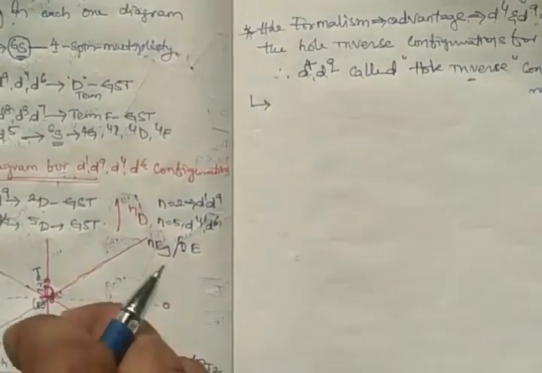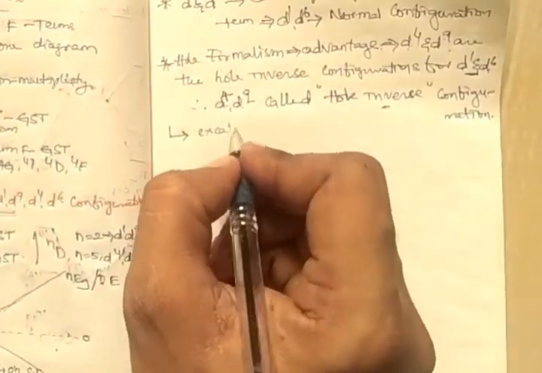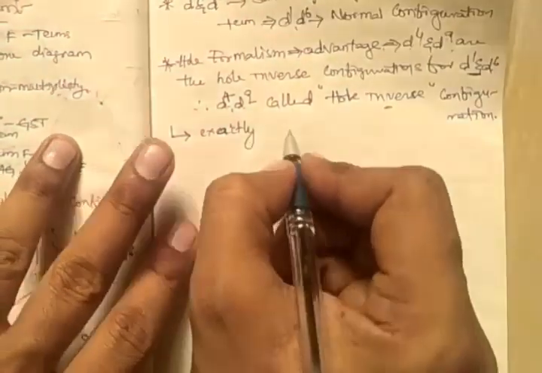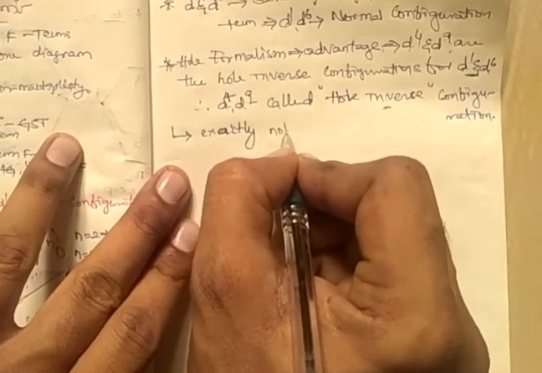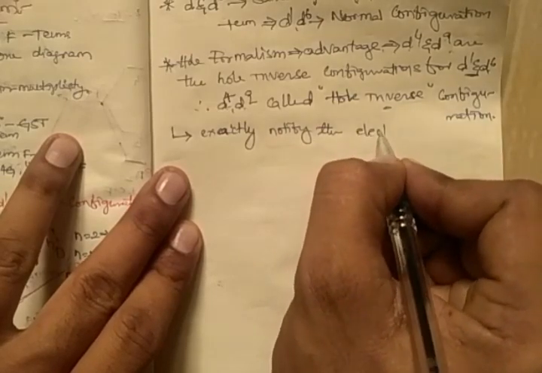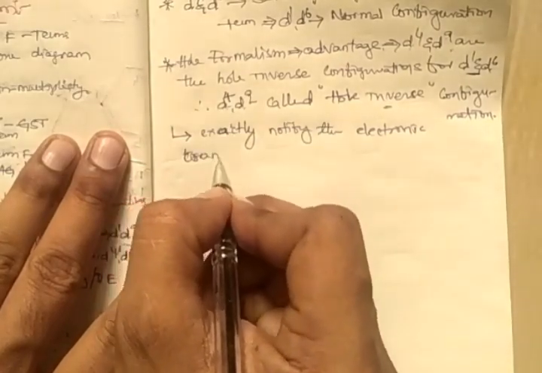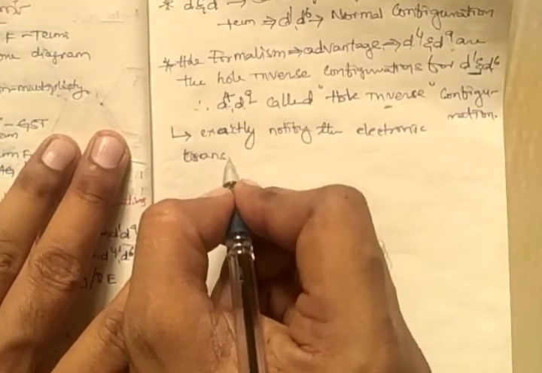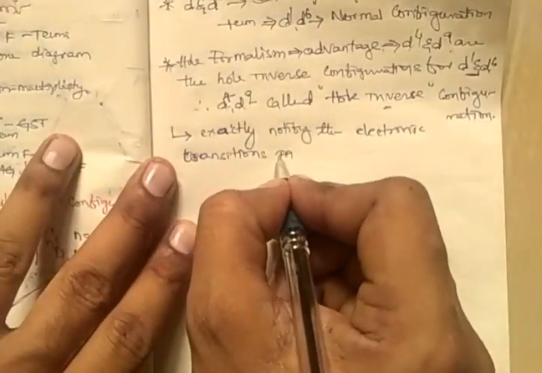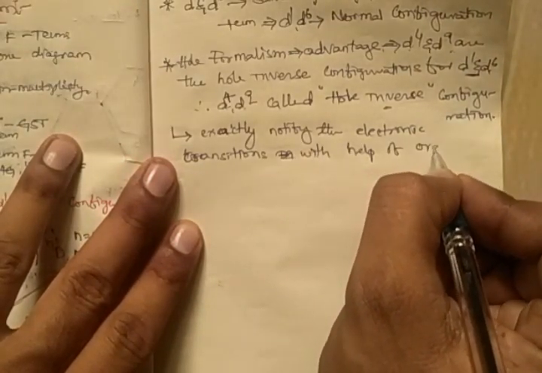The other convenience is that we can exactly notify the electronic transitions with the help of Orgel diagrams.